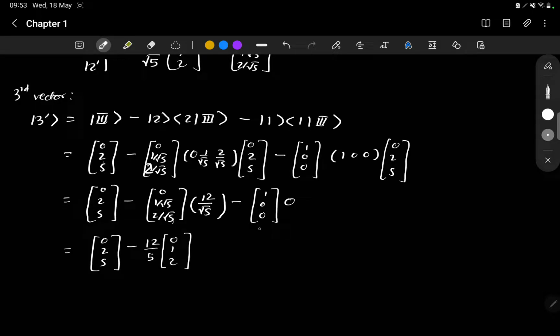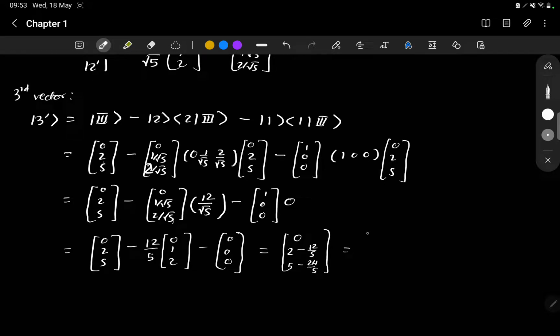And then the other term is nothing but 0. So what do we get? We get 0, 2 minus 12 by 5, and 5 minus 24 by 5.